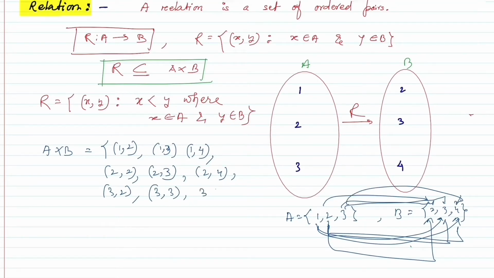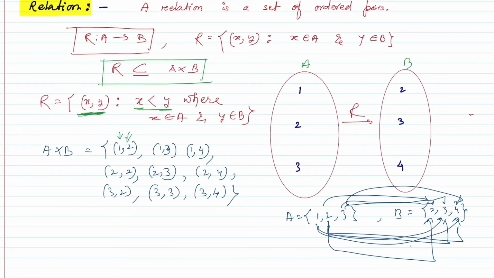So here you see, what is the relation here? The relation is a set of ordered pairs, only those ordered pairs where x is less than y. This is the relation, x is less than y. So x is the first component, here x is 1 and y is 2.